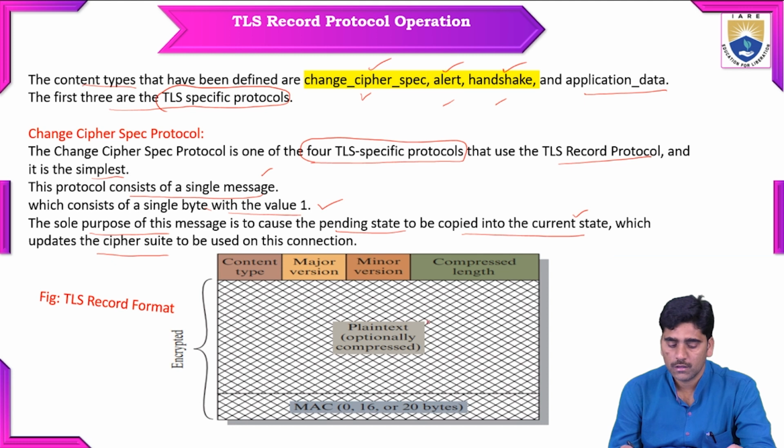So this is the TLS record protocol, which contains the content type, major version, minor version, and the compressed length, and here the plain text, which is optionally compressed, and the MAC which is added. All this padded data is encrypted data.